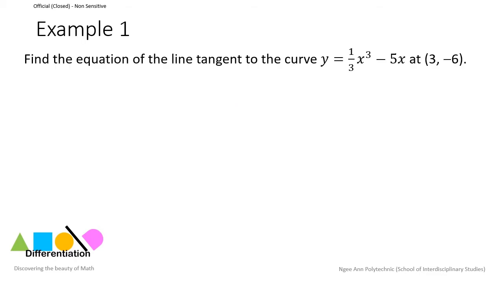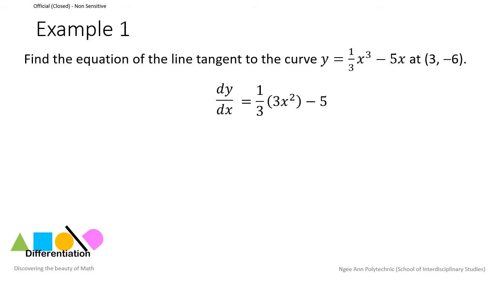In this example 1, we are asked to find the equation of a line tangent to a curve given by y equals 1/3 x cubed minus 5x. And they give us a specific point given by coordinate (3, -6). So we have learned that in order to find the slope of any line or any part of the graph y, we need to differentiate and obtain dy dx.